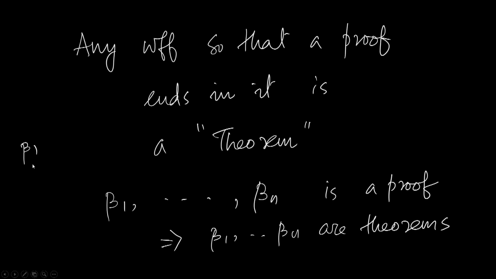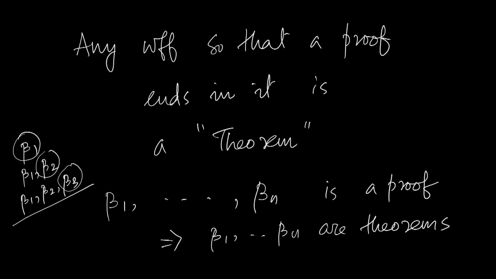Beta 1 is a proof, beta 1, beta 2 is a proof, beta 1, beta 2, beta 3 is a proof. In other words, any prefix of this sequence is a proof. Therefore, the statements at which these proofs culminate are all theorems, that is beta 1, beta 2, beta 3, etc., beta n are all theorems. Every statement in a proof is a theorem, but usually we attach the word theorem to a significant conclusion, but in the case of logic that is not the case. Any statement in a proof is a theorem.